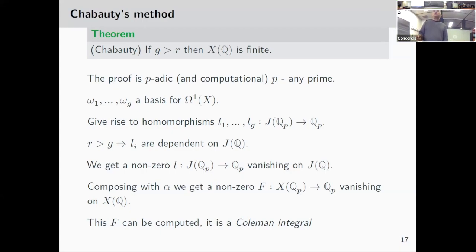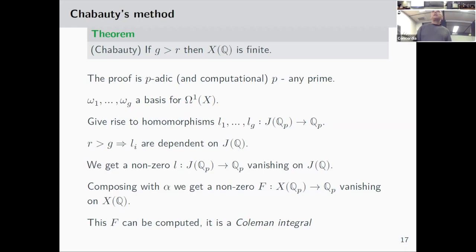And now you see J(Q) is kind of like a group of rank r, kind of like a vector space of dimension r. I'm sorry about that, the inequality is the wrong way. So g should be greater than r. So I have more homomorphisms than the dimension of the vector space. So what that means is, as I restrict to J(Q), they become dependent.